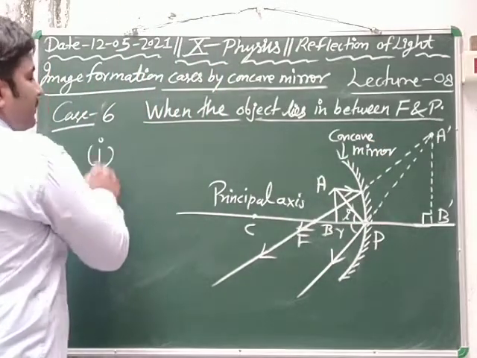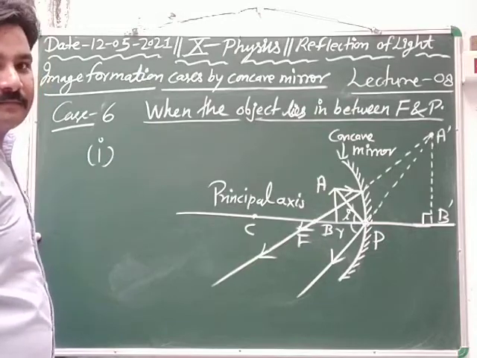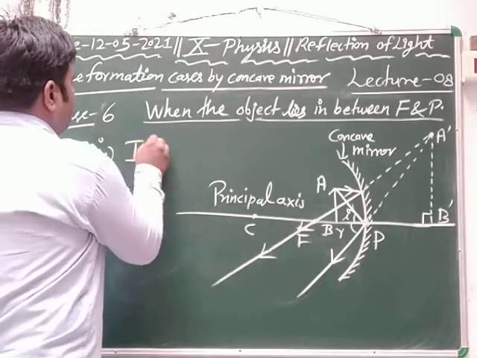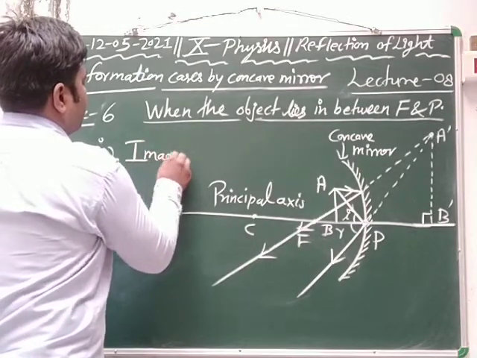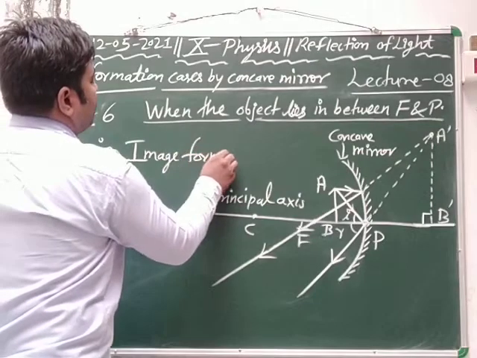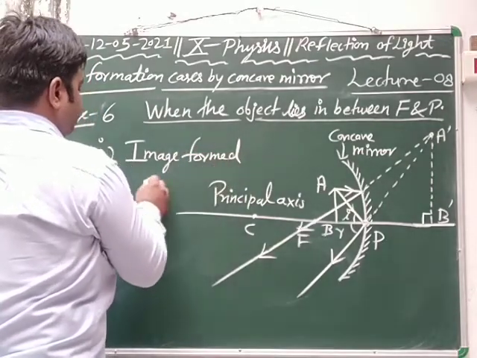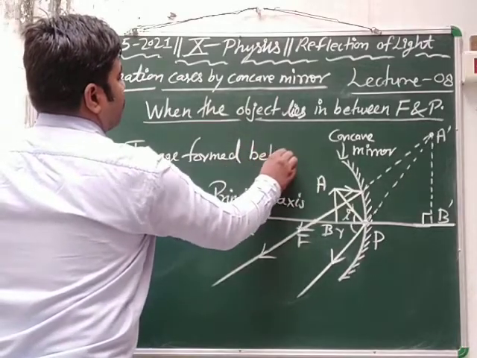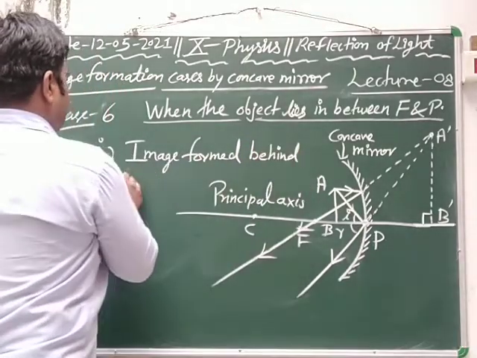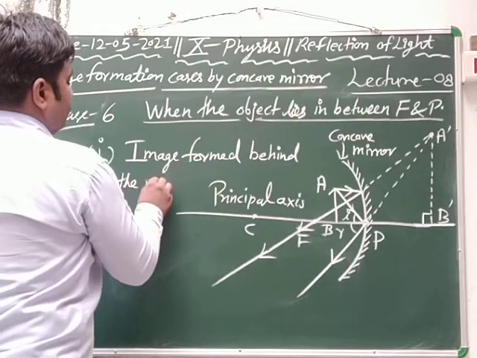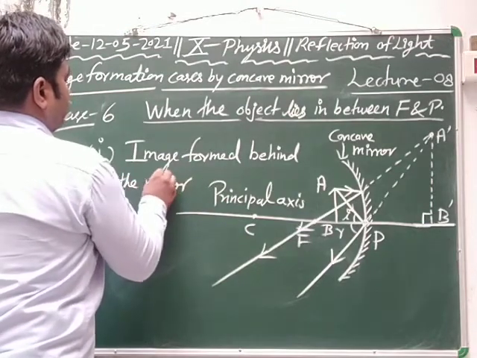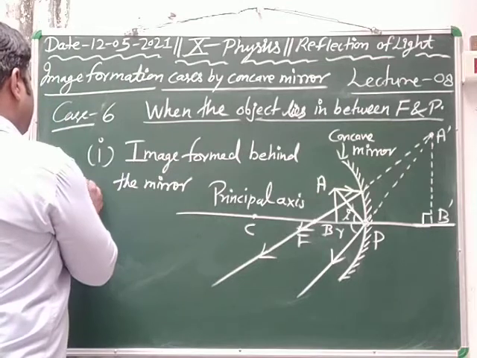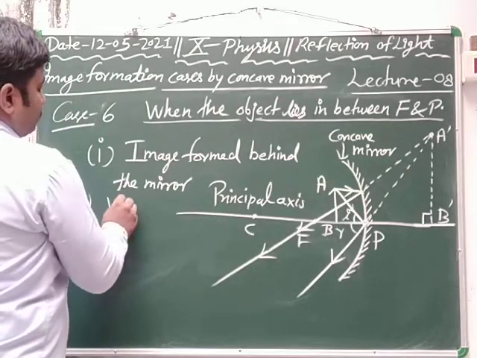First, image formed behind the mirror. Second point, virtual and erect.